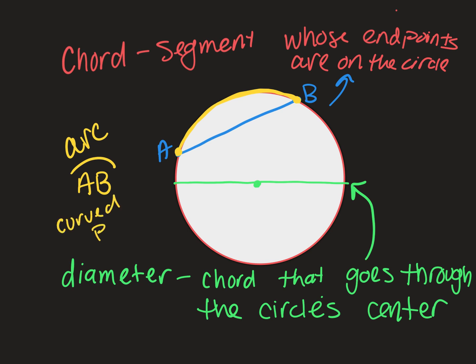So the arc is just a curved part of the circle. Arcs go on the outside, chords are like the straight lines through the middle.